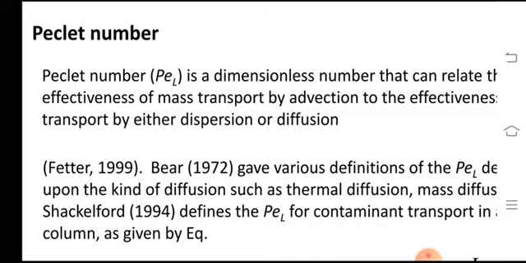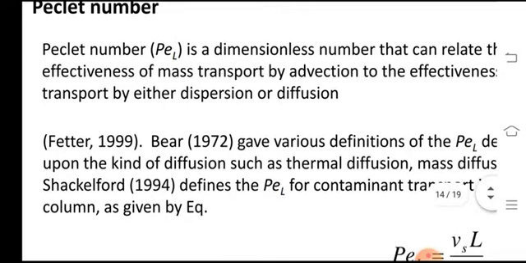Advection and sorption both are taking place simultaneously. So we are going to find the ratio between both of them, and in that case we will be determining which one is dominating: advection or sorption. Based on this we will be defining the sorption and desorption processes, and we will be defining the partitioning.